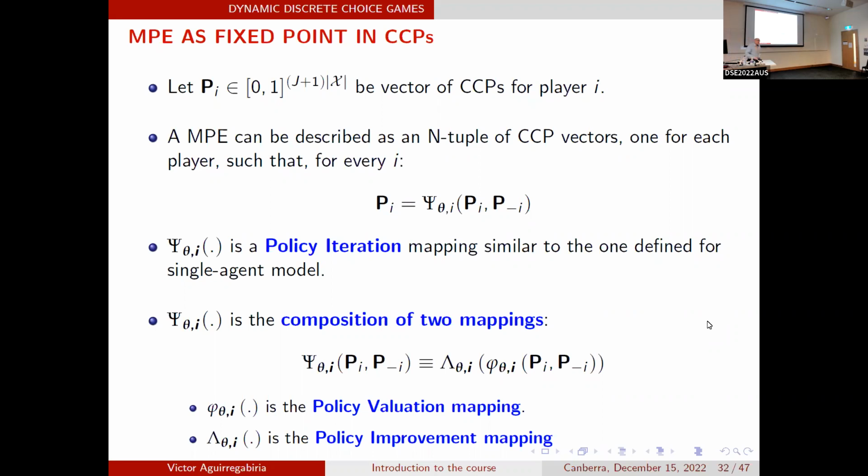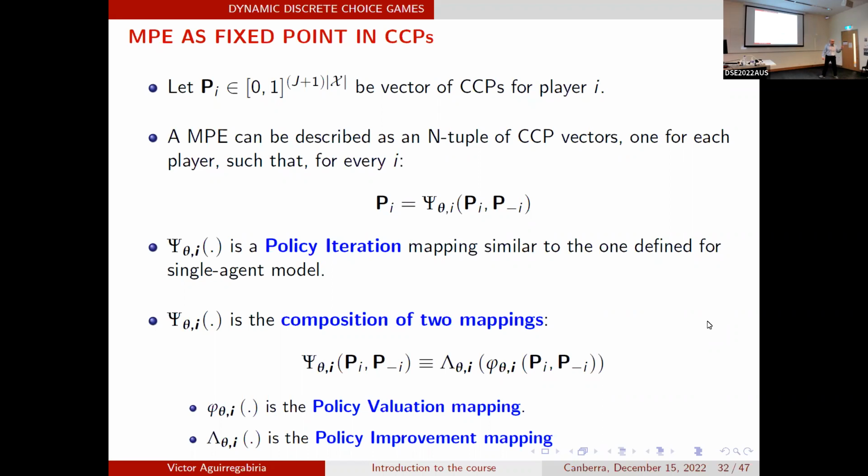Then similarly as in the single agent model, we can describe here an equilibrium as an n-tuple of vectors of choice probabilities, one for each player, such that the vector of choice probabilities of a player solves the policy iteration mapping, okay?